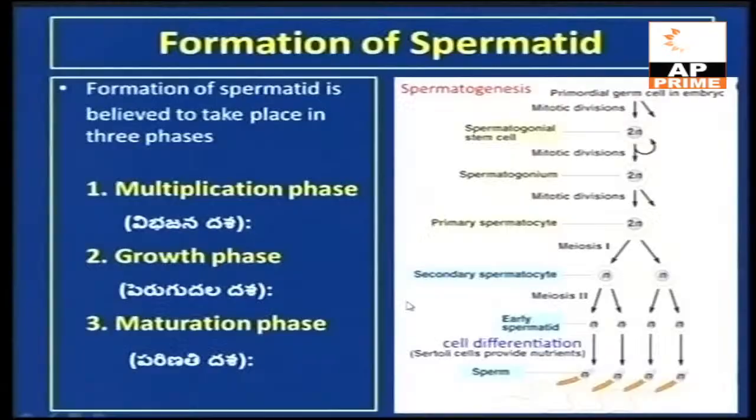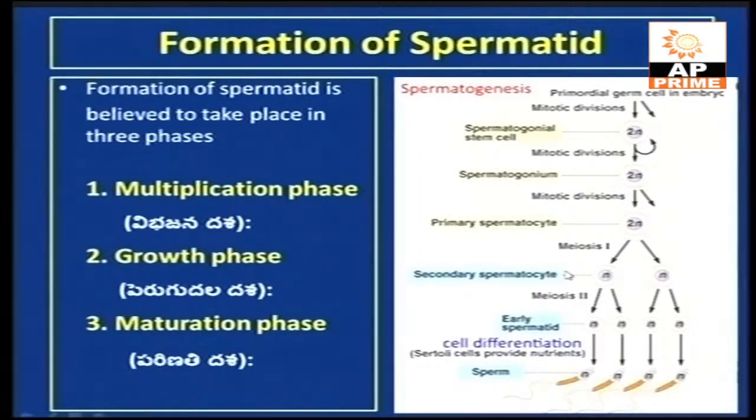And then these grown cells, the primary spermatocytes, undergo the first meiotic division and form secondary spermatocytes. These secondary spermatocytes undergo the second meiotic division and form spermatid. This process is called formation of spermatid.